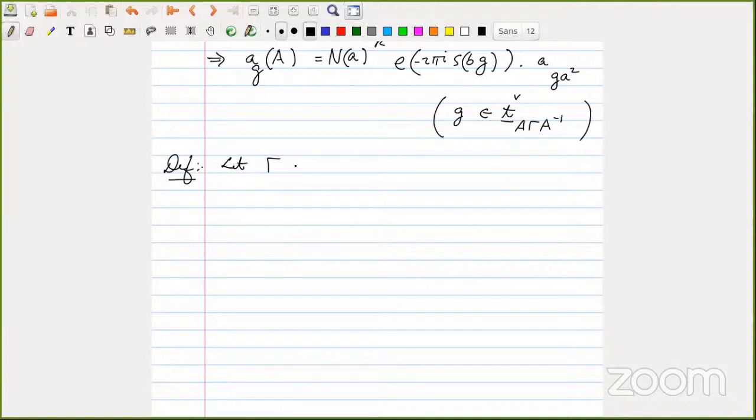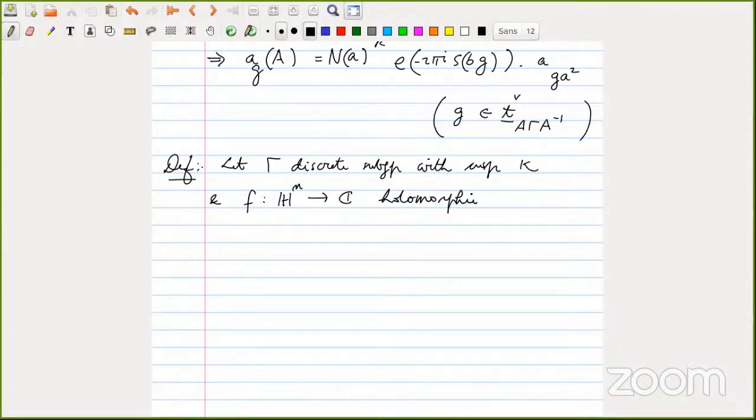So let gamma be a discrete subgroup with cusp kappa, and f from H^n to C holomorphic, with f of mz equal to the automorphy factor times f of z for all m inside gamma.